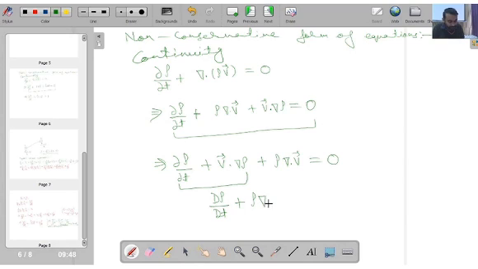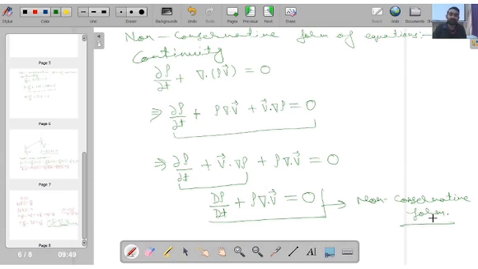So d rho by dt plus rho into divergence of v is equal to 0. That is now my continuity equation, but in non-conservative form.